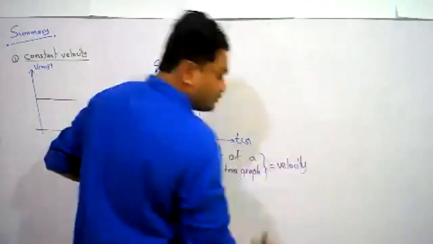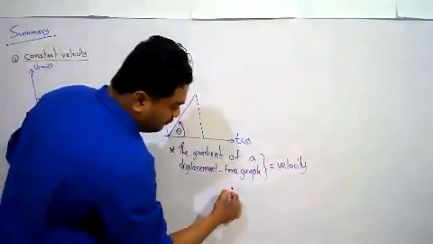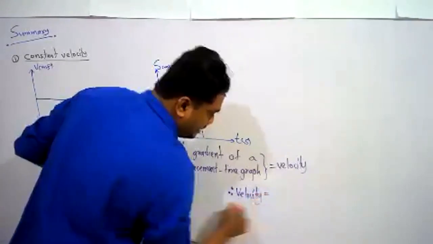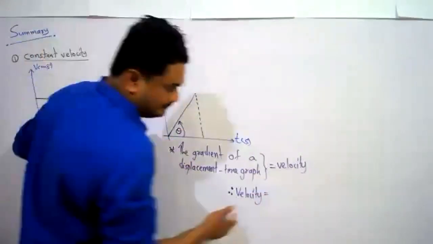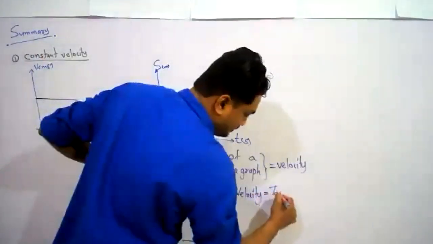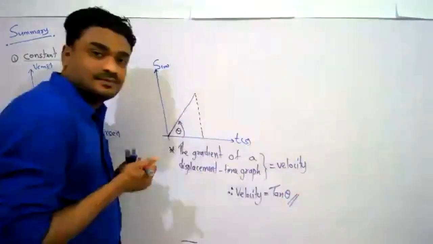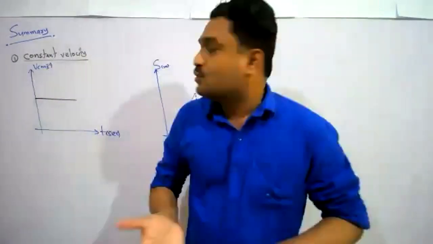This is what you will remember. So velocity equals gradient, which means tan theta. That's it. So two different graphs, two different shapes.